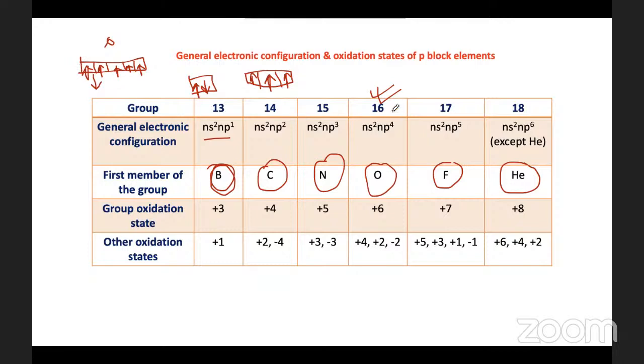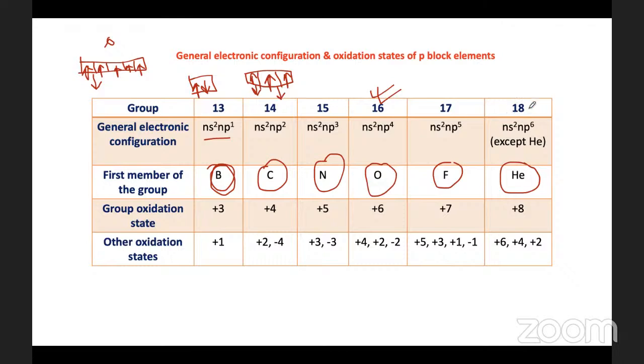That will be applicable in case of group 16 elements. We have np4. So 1, 2, and 3. So 1 more electron will come and will pair with the first electron, that is the px orbital. Likewise, in case of group 17, we have 5 electrons. So the 5th electron will come in this py orbital.